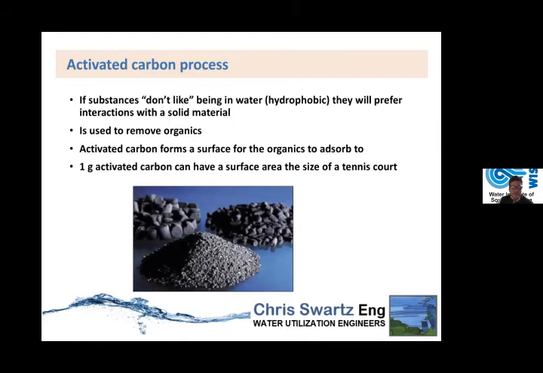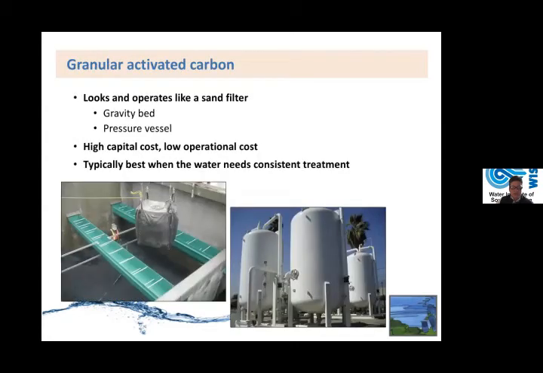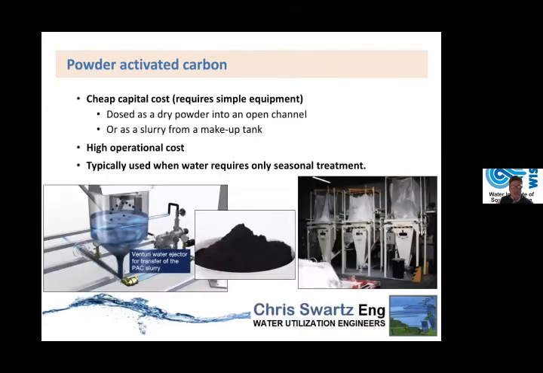It has a very high surface area, and there are a lot of micropollutants that can be adsorbed to the surface of the material. So granular activated carbon is in granular form, like a filter, either a pressurized or normal gravity filter. Powdered activated carbon you dose into your water, and your impurities, your organics, are adsorbed onto the carbon.